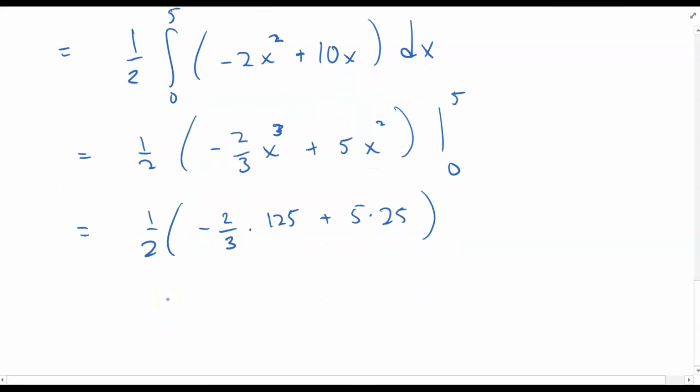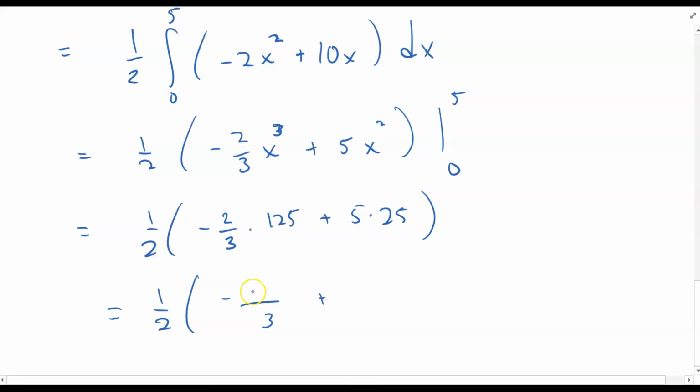All right, and then just to clean this up to finish, we get 1/2 times, we're going to get negative 375 over 3. This is really 125 over 3. Okay, I've got a little mistake here. I got ahead of myself a little bit.